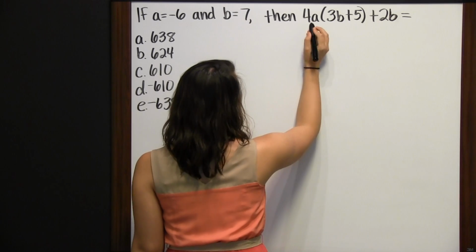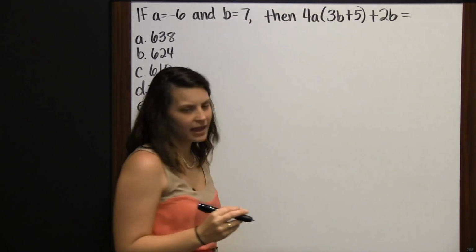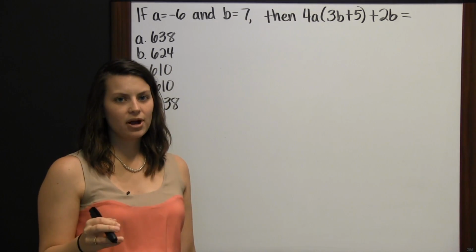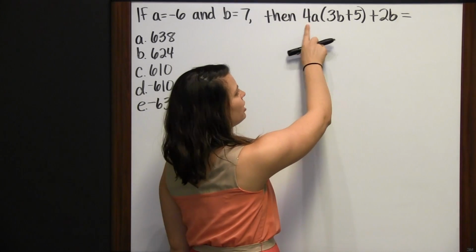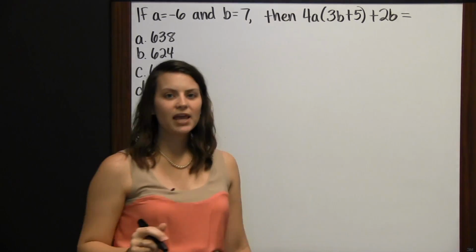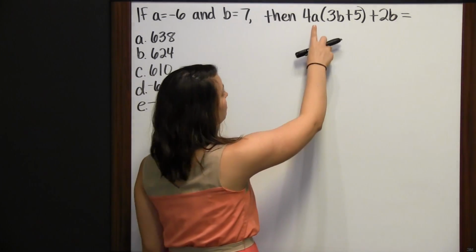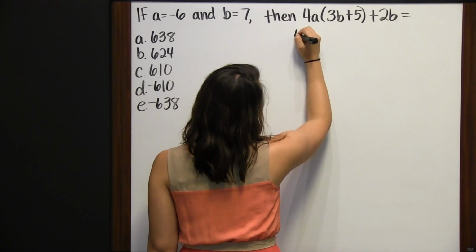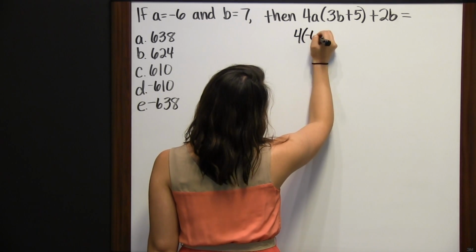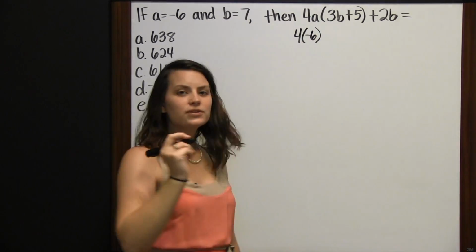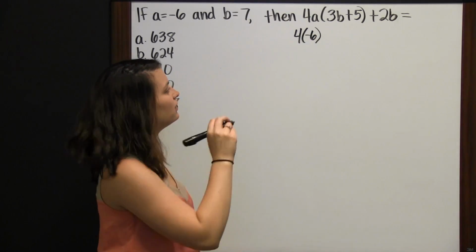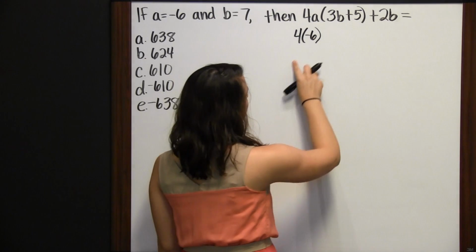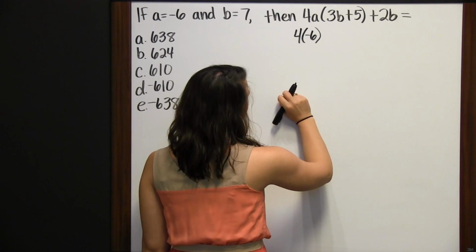So 4, this is actually 4 times A. Anytime you see a number and a letter written next to each other like this, that's multiplication. So I know that when I replace A with a -6, it's going to read 4 times -6. And you can use a little dot for a time sign, or you can even use the X for the time sign. But I'm just going to use parentheses.